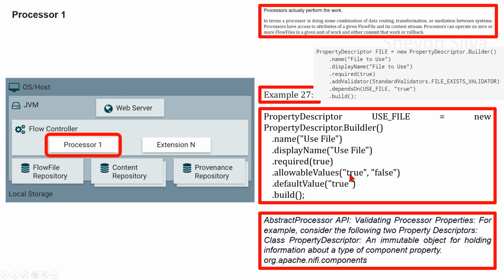Now we are considering validating processor properties in the AbstractProcessor API. For example, consider the following two property descriptors.